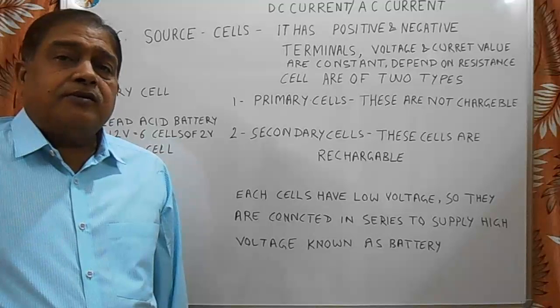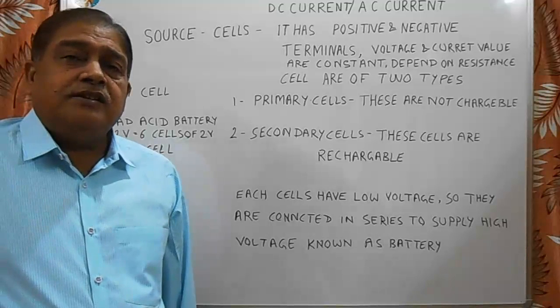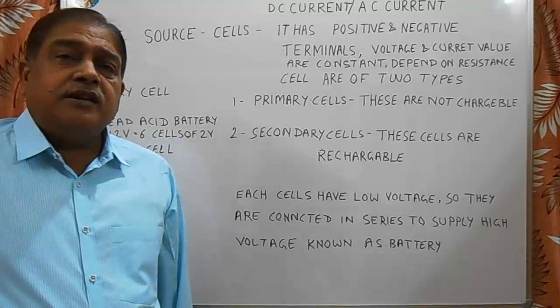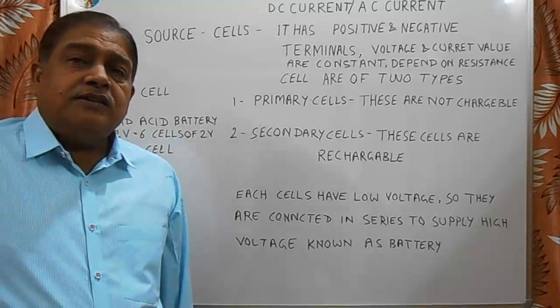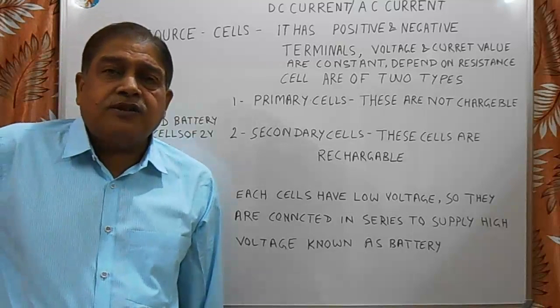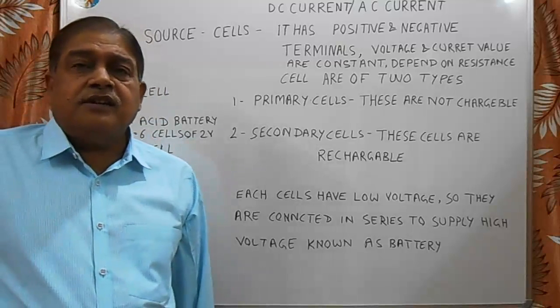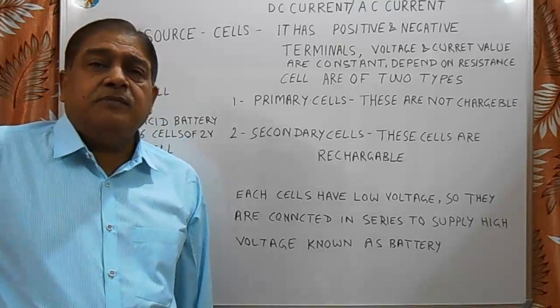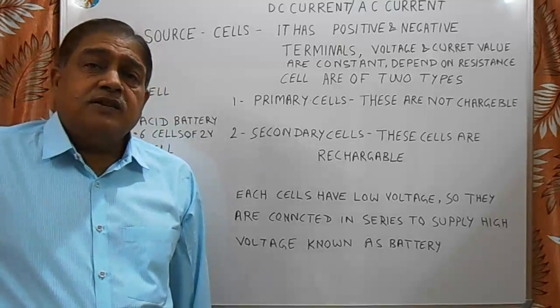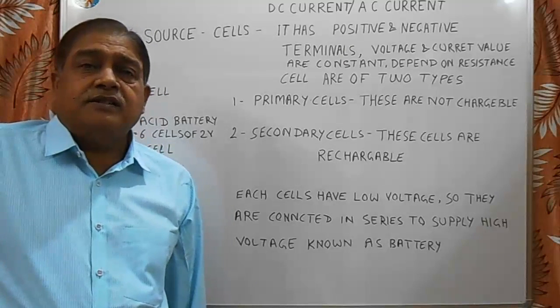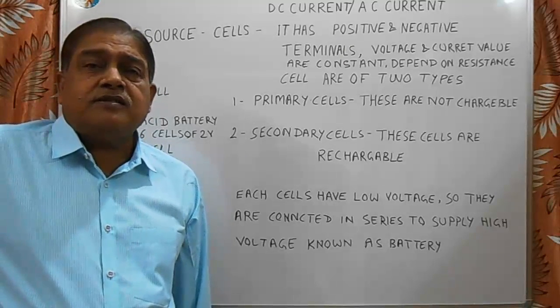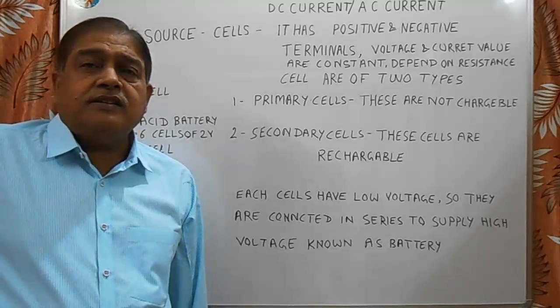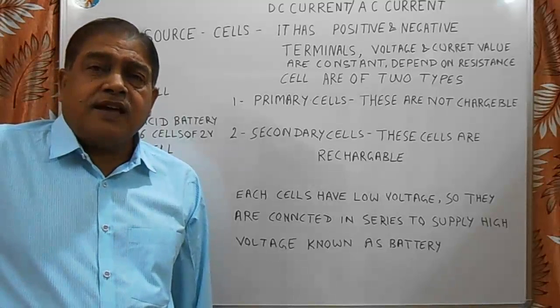The main objective of understanding DC current is to understand what AC is. DC current flows in only one direction and generally has constant values that depend upon voltage and resistance. But in case of AC current, the value of voltage is continuously changing and it alternates in every cycle.